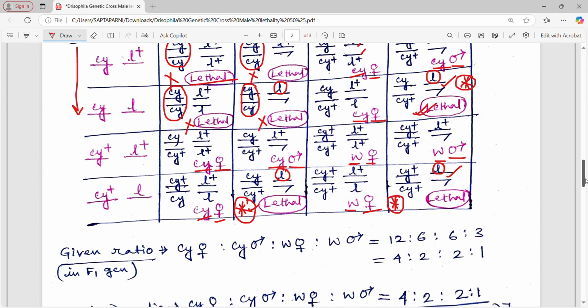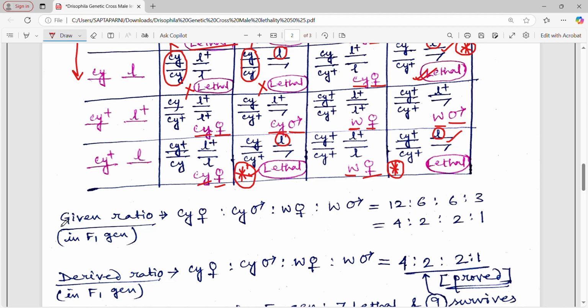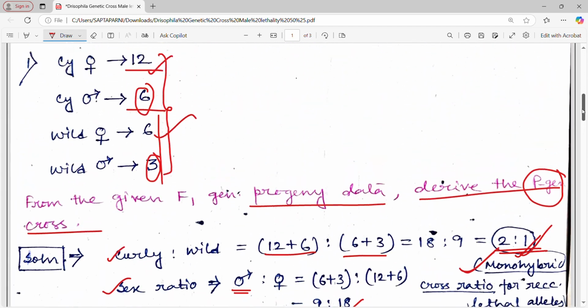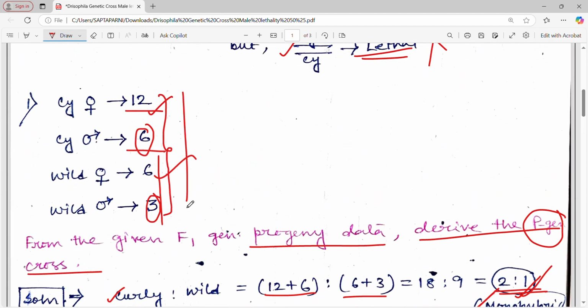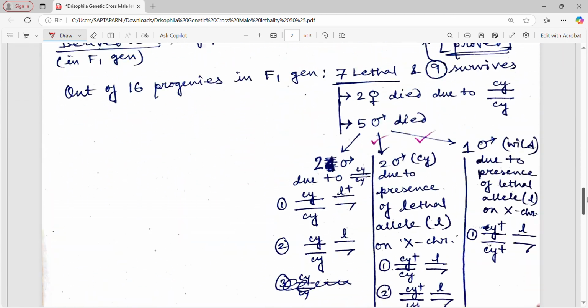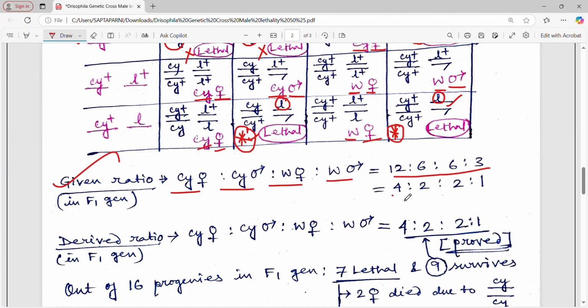What was our given ratio? Our given ratio was Curly female to Curly male to wild female to wild male: 12 is to 6 is to 6 is to 3, which was given in our question. So the ratio is actually 4 is to 2 is to 2 is to 1.